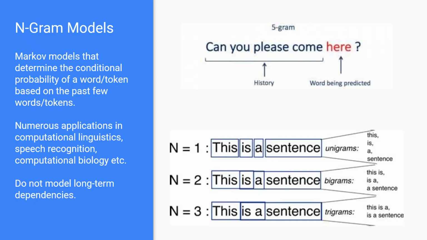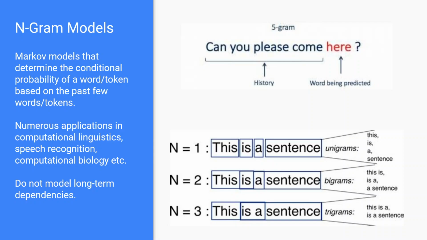Now, what are n-gram models? N-gram models are Markov models. Now, what are Markov models? Markov models are conditional probability models. They help predict an event given past events. Like if "history is given, can you please" come, then the next word will be "here" or "there".